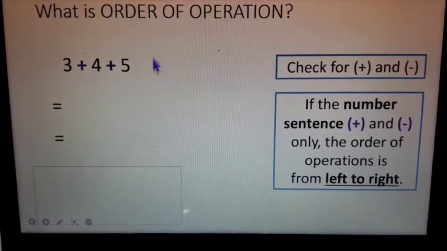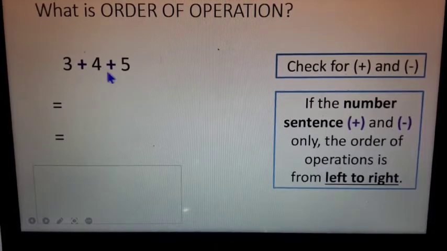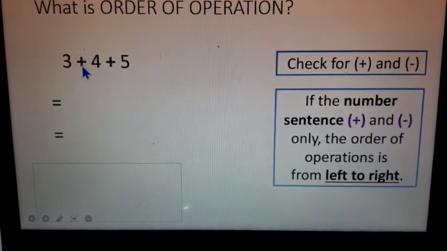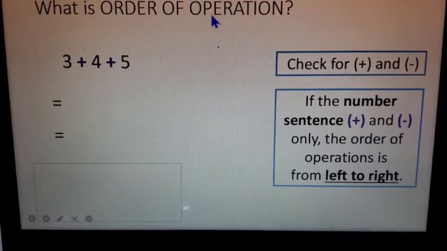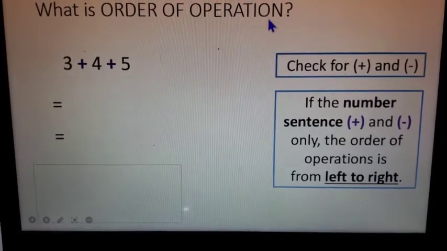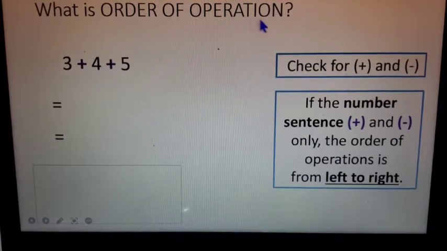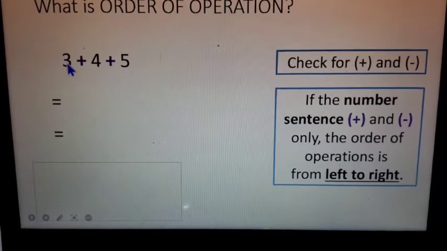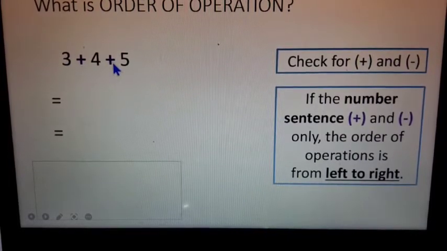Now, in this question, this is what we call a number sentence. Ini dinamakan number sentence. Number sentence ini, di dalamnya ada plus and plus. That means plus and plus, this is what we call operation. Now, if you see this number sentence, there are plus and plus.